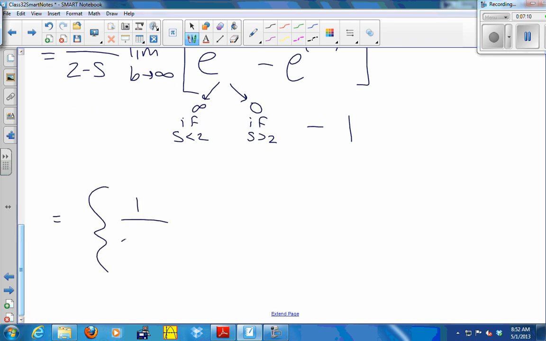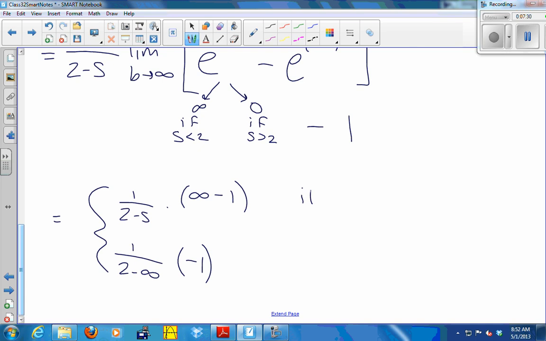One over 2 minus s times infinity minus 1, or 1 over 2 minus s times negative 1, 0 minus 1. And this one is if s is less than 2, and this one is if s is greater than 2. And this one that goes to infinity, it doesn't really give us much information.